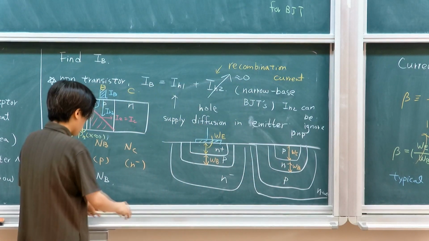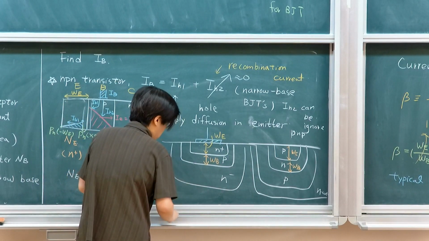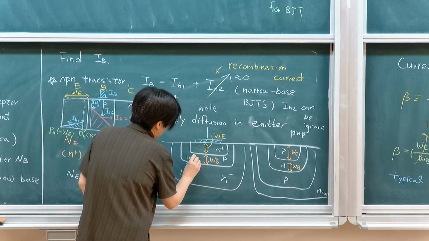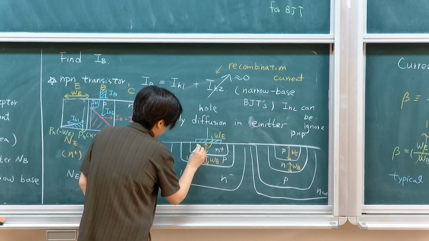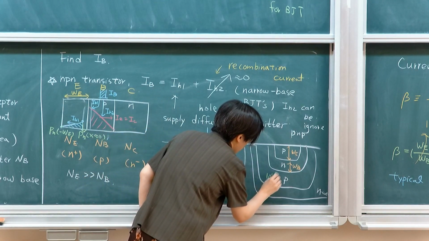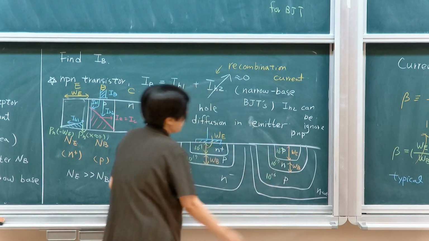With the same doping concentration, for example, let me just give a rough number: this is 10^16, this is, as I said, 10^17, this is 10^19. So it's the same 16, 17, 19.